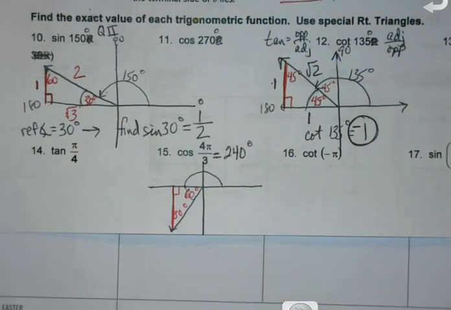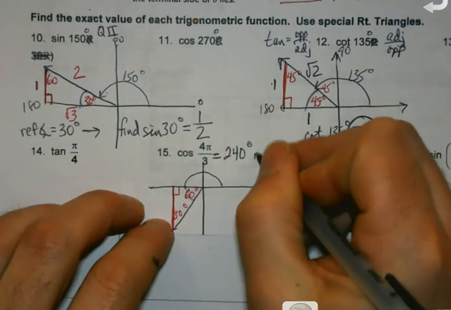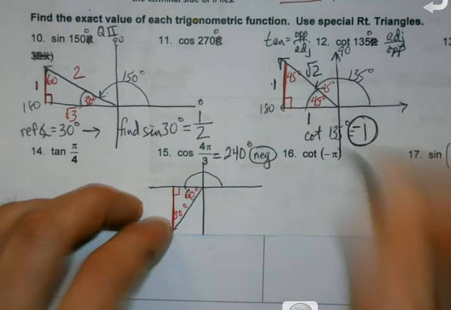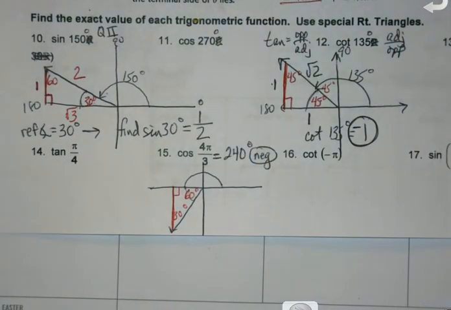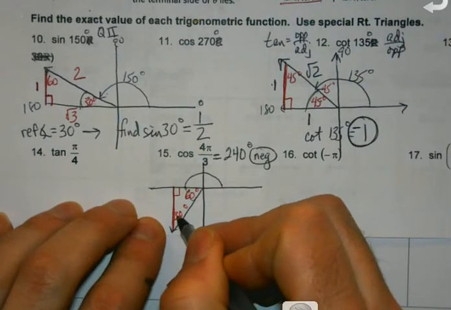Now before I do anything else, we're in quadrant 3. Is cosine positive in quadrant 3? No. So I'll make myself a little note here. This is going to be negative. If I get my answer and I'm bopping along here, I've got to remember it's going to be negative. All right, so 30.